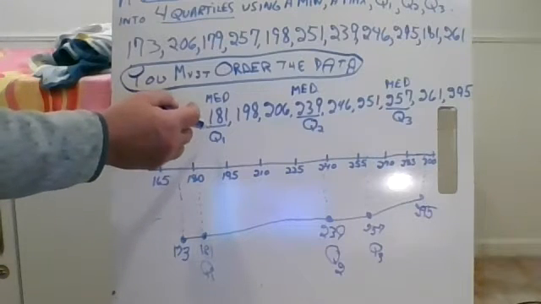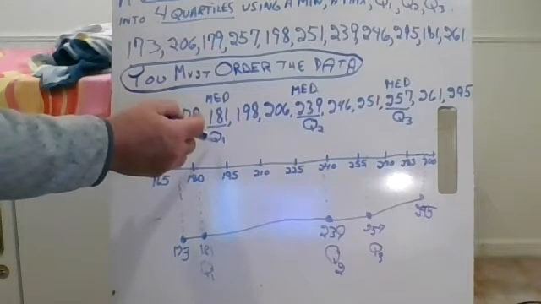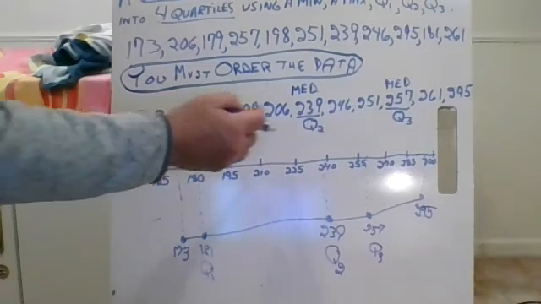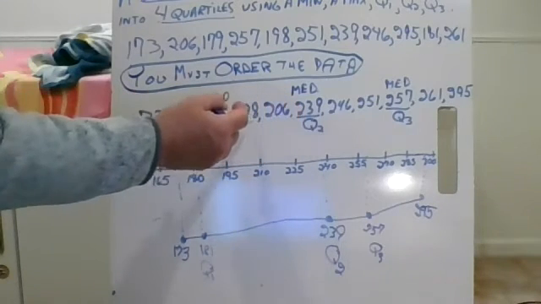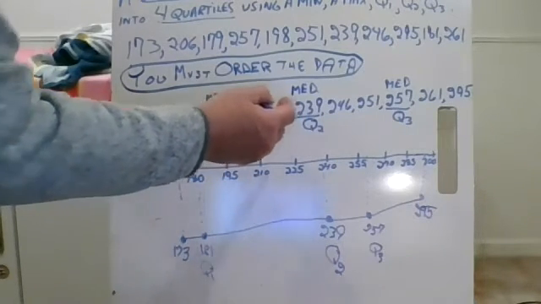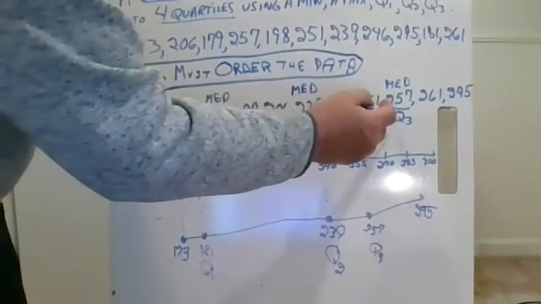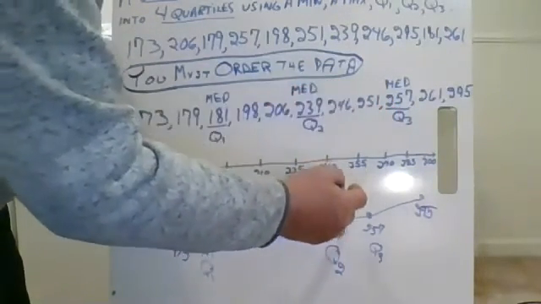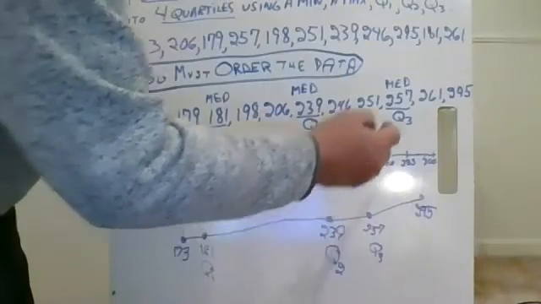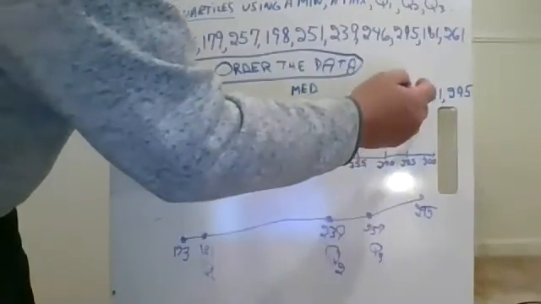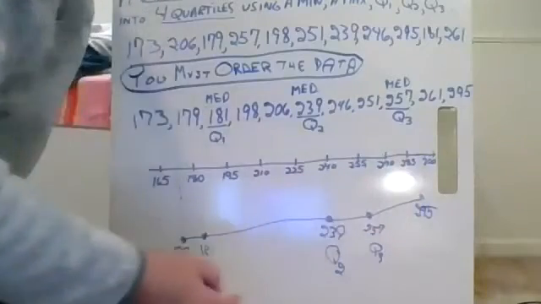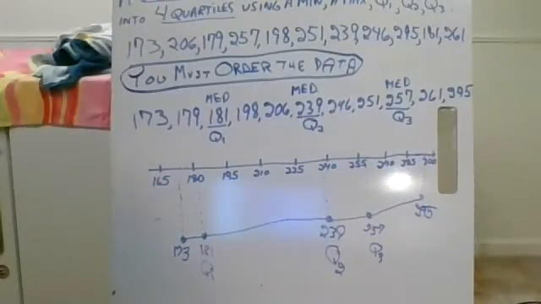If you look at this, to the left of Q1, these 2 values. Between Q1 and Q2, these 2 values. Between Q2 and Q3, these 2 values is in that 3rd quartile. And to the right of Q3, those 2 values between the 3rd quartile and the max value.